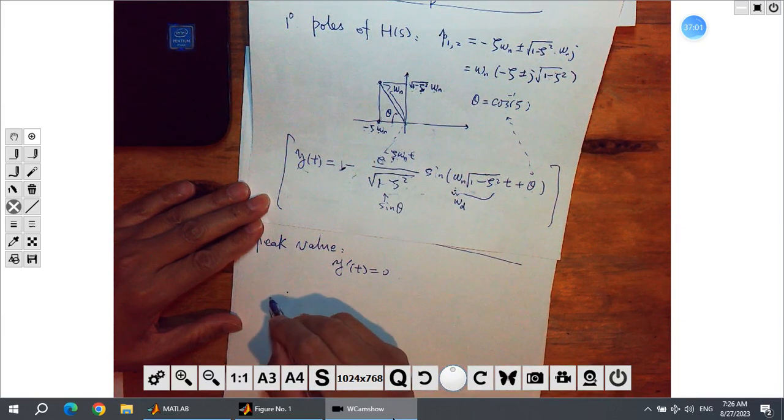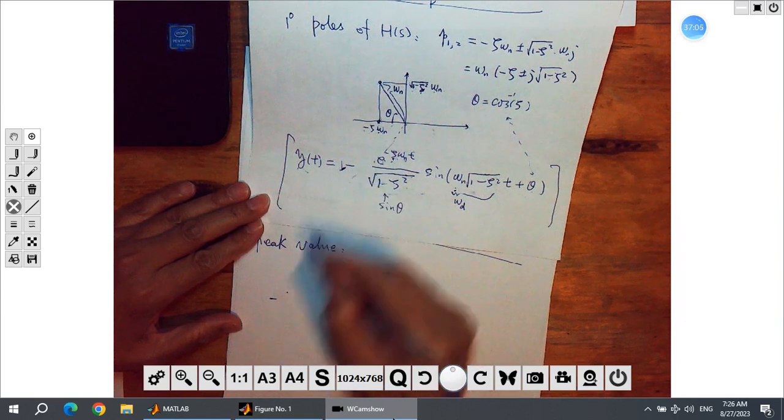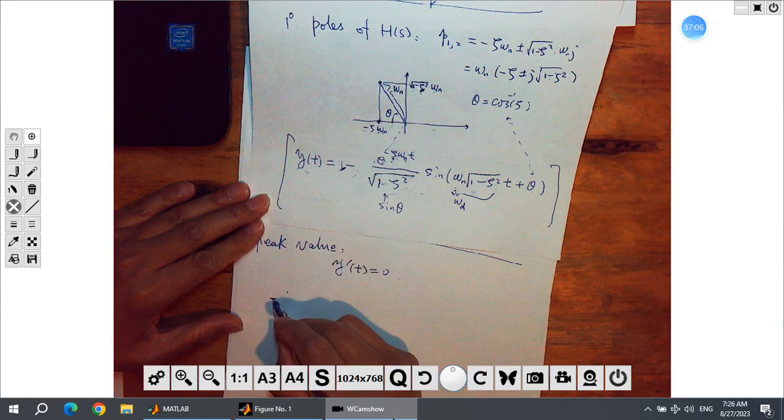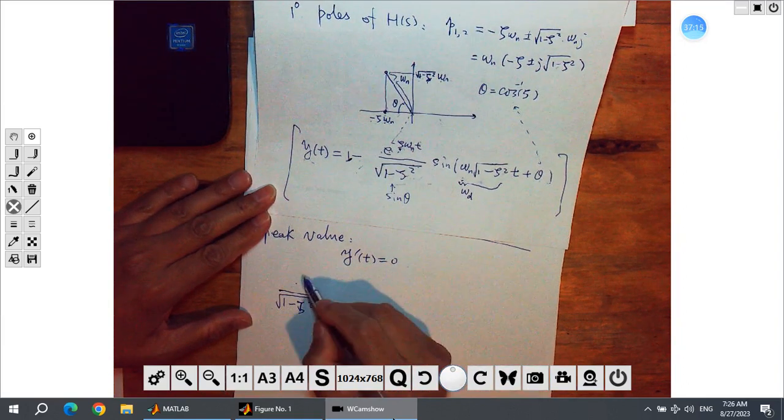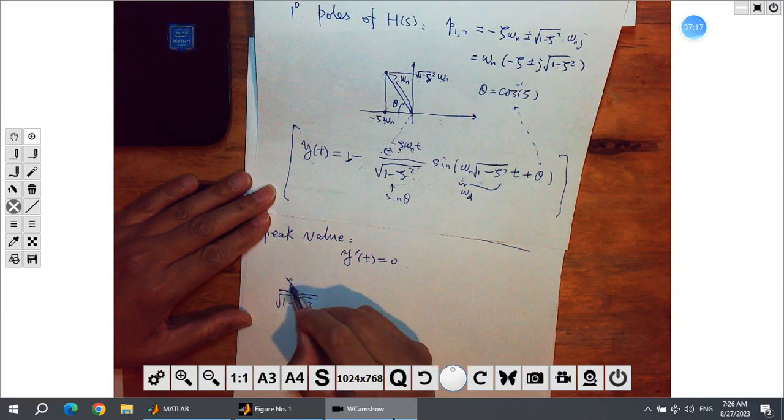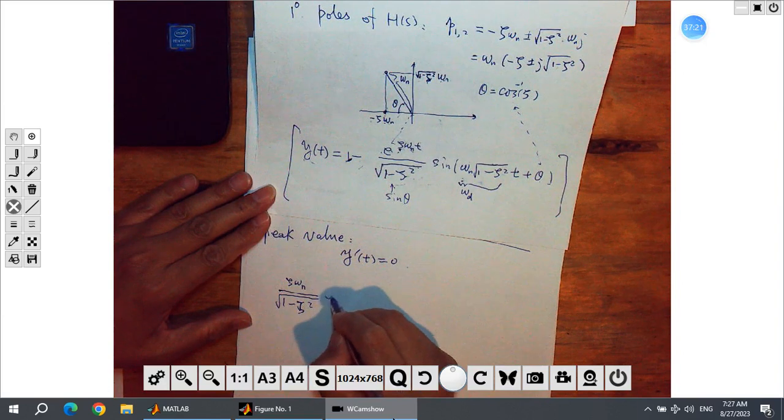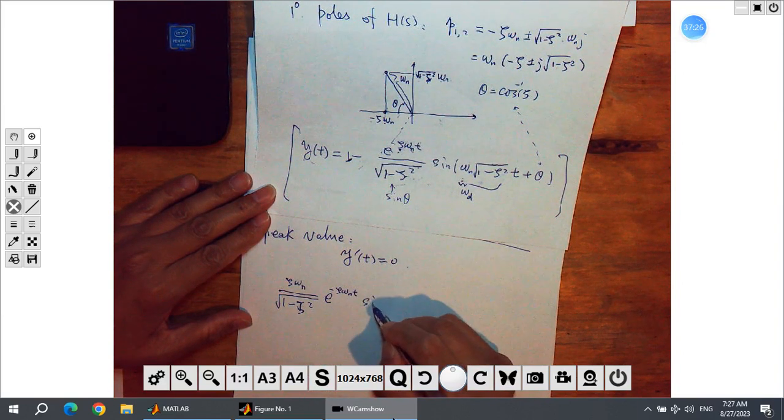We keep this negative, then here is a plus 1 minus zeta squared. I still have this 1 minus zeta squared, and this zeta omega n, the negatives cancel, and e to the negative zeta omega n t times this sine. I use omega d for shorter.